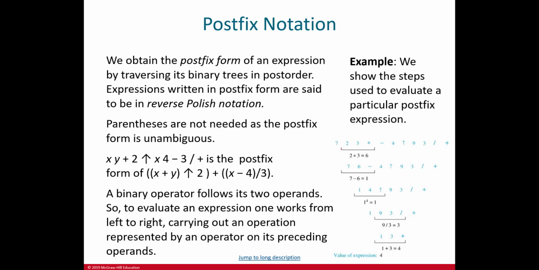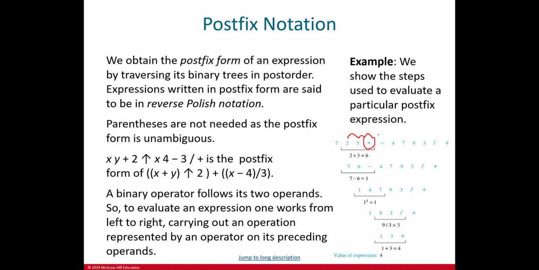So here 7 2 3, we are going to look for the operator. The first operator we find is the multiplication, and for the multiplication, we have to consider two previous operands. The two previous operands are 2, 3. Now we can evaluate this expression, 2 multiplied by 3, and we get the value 6.